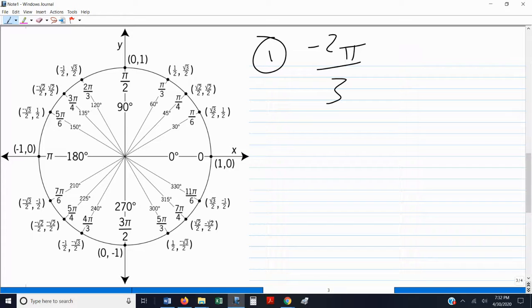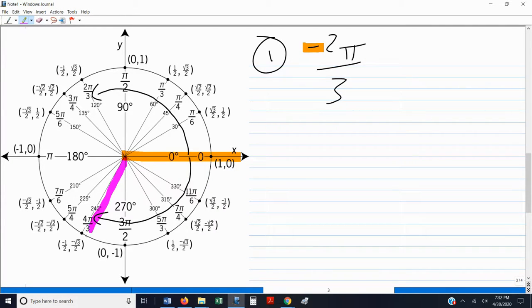So positive 2 pi over 3 would be starting here, and you're going through a quadrant to the first branch after that. In the negative direction, you would do that same distance, through a quadrant and to the next branch. And so this would be negative 2 pi over 3.